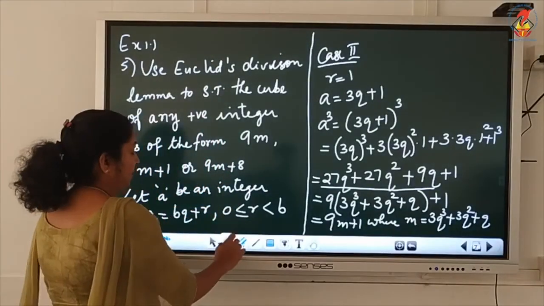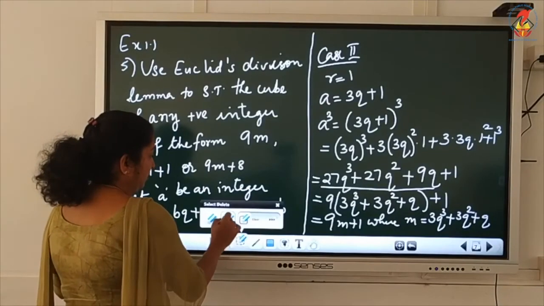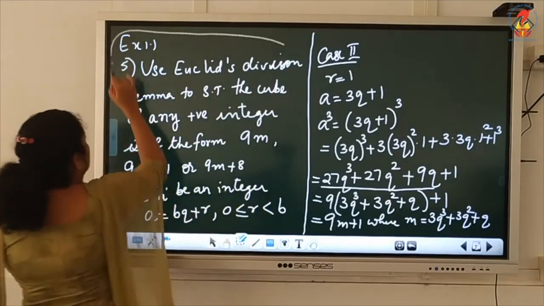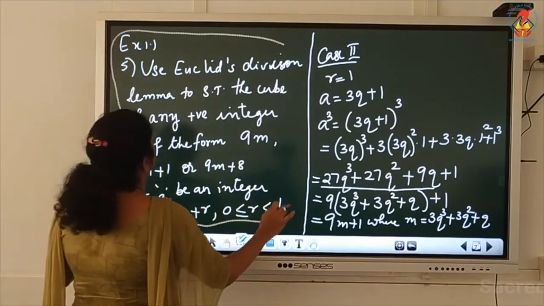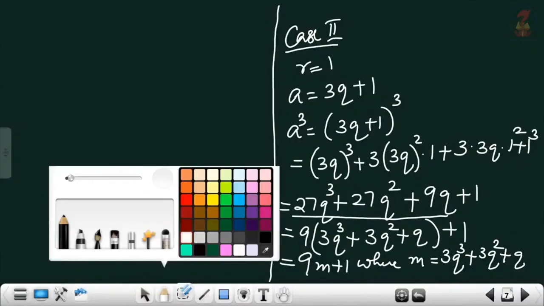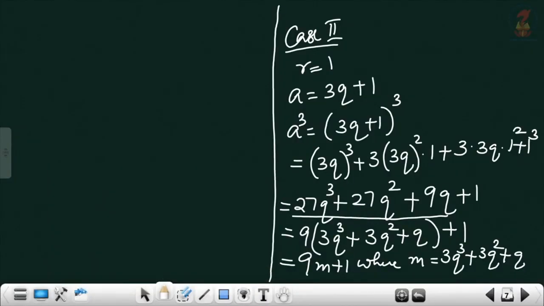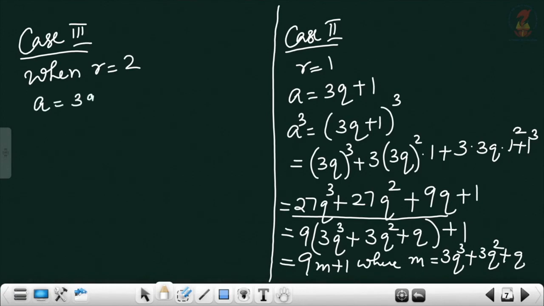Then case 3, when r is equal to 2. When r is equal to 2, a is equal to 3q plus 2.